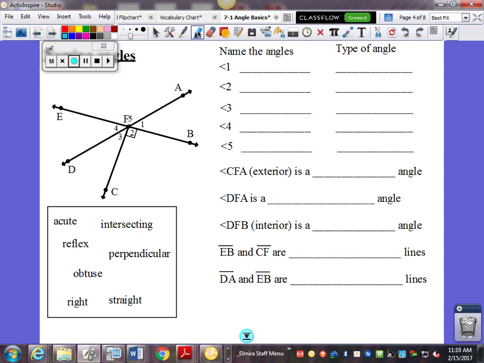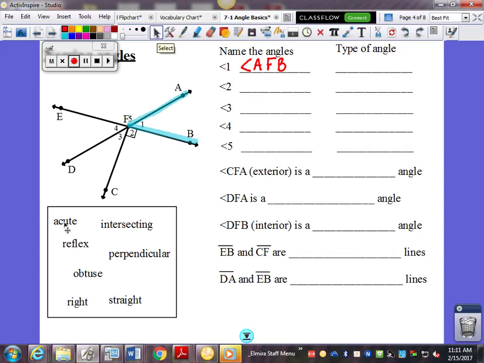Angle 1 is right here. Our letters are angle AFB. You could also say BFA if you want. And what kind of angle is that? Well, that angle is acute.